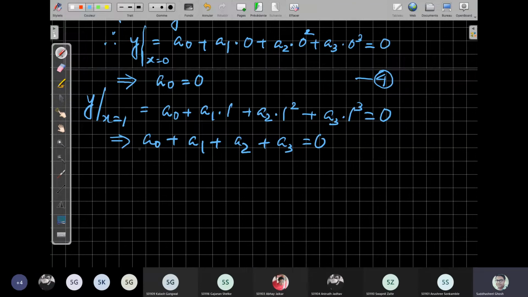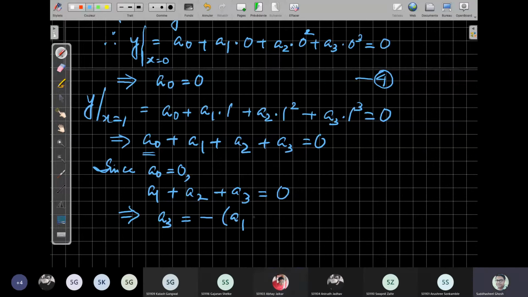Yes. A0 is already 0, so this part is already 0, right? So since A0 equal to 0 already, what will happen? A1 plus A2 plus A3 will be equal to 0. So now tell me one thing. Now if this is obtained, can I say that my A3 is minus A1 minus A2? Can I write like this?